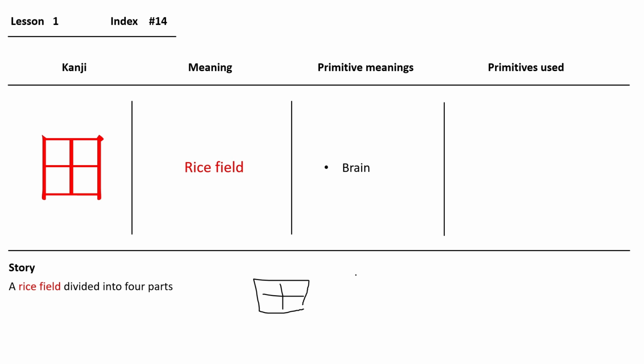So we will write it again with the same technique. We'll start with first stroke, second stroke, third stroke, fourth stroke, and a fifth stroke will close it up. And this is our character number 14, which means rice field, or brain if it's used in other characters.